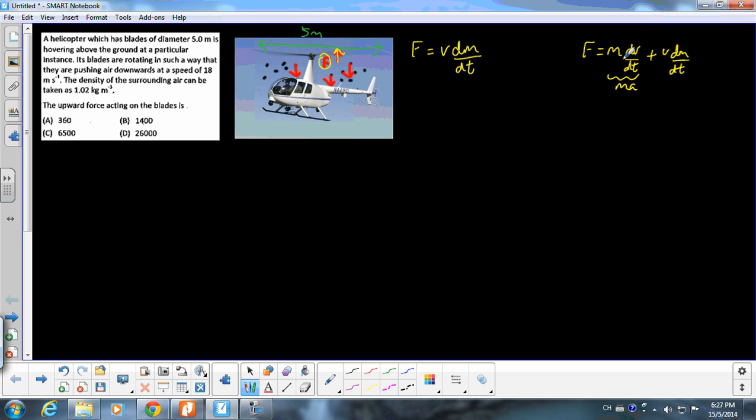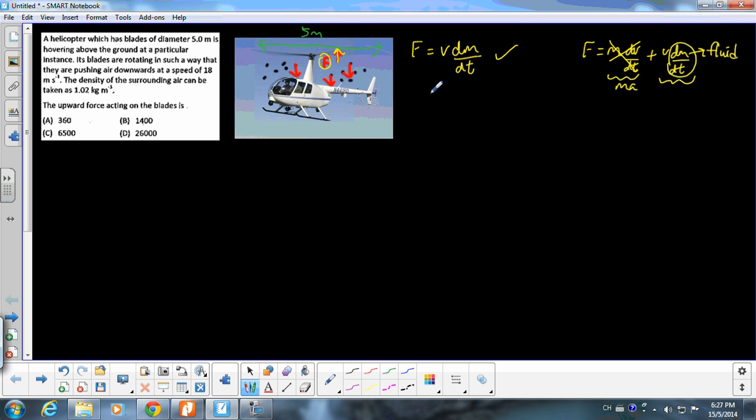But we cannot use these two formulas at the same time; it depends on the situation. This formula is special when there is a rate of change of mass, which is usually a fluid. Here we are dealing with air particles, which are a form of fluid, so we use this formula instead of the other one.